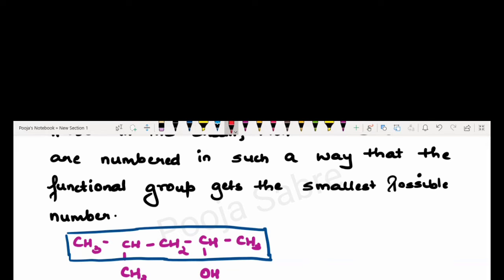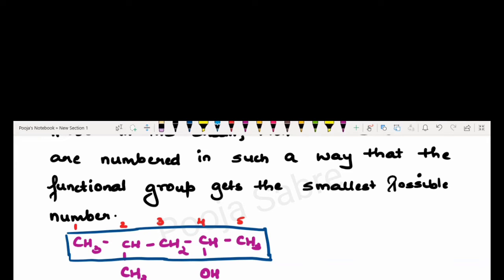If I number it from left to right, my positions would be 1, 2, 3, 4, and 5. Okay, better I'll write it down below. Left to right, the position of CH3 is 2. The position of the OH group, that is my hydroxy group, is 4.